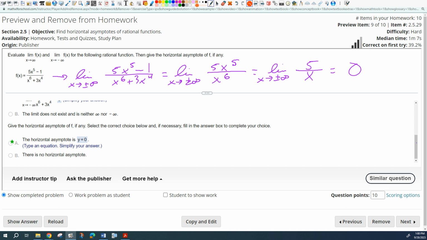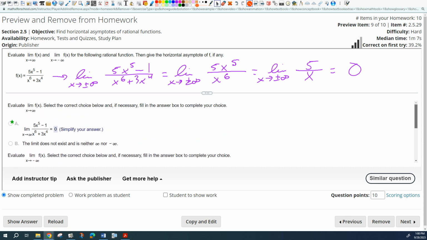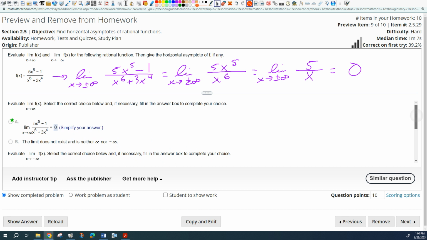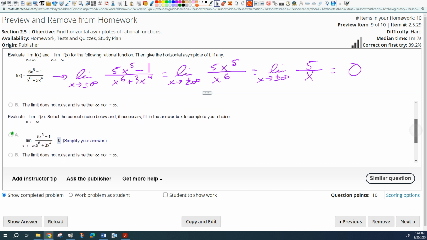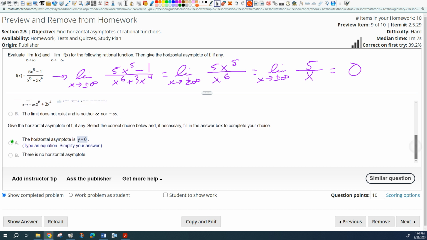So then on this one, does it make sense that we get 0? As x approaches infinity, it's 0. As x approaches negative infinity, it's 0. And so we get a shared asymptote at 0. There's only one. Okay, give me thumbs.